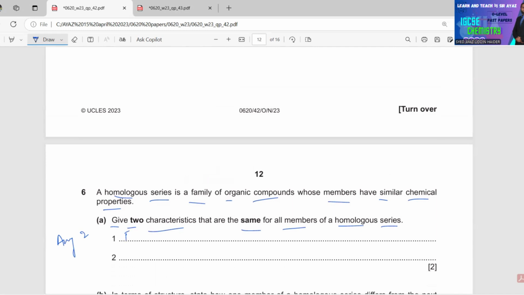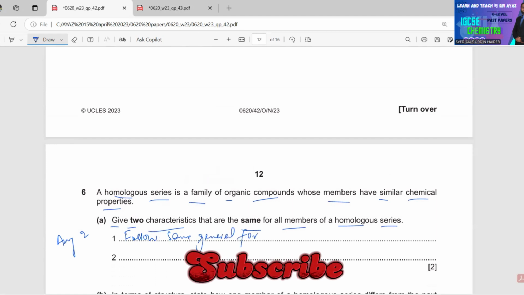They follow same general formula, contain same functional group.